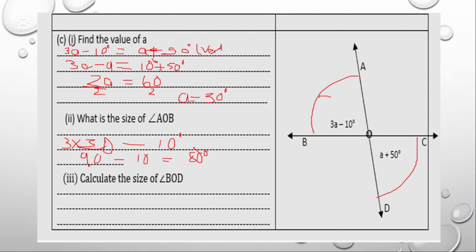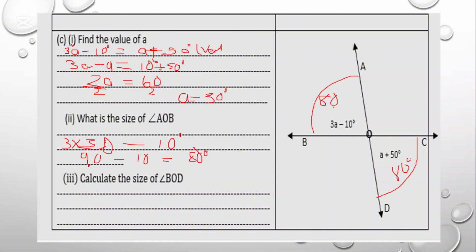So if this one is 80, test your answer, then that one must be 80. And 30 plus 50 is 80. So that one is 80 and this one is 80 degrees. Right, now we move to BOD.